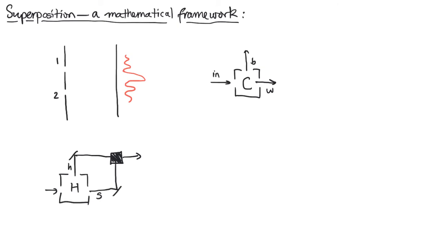Now, I'm going to introduce a very similar notation as a way to describe the input and output states of this color box. And at first sight, it doesn't look any different, right? So here's the color box. We have an input, a white output, and a blue output.